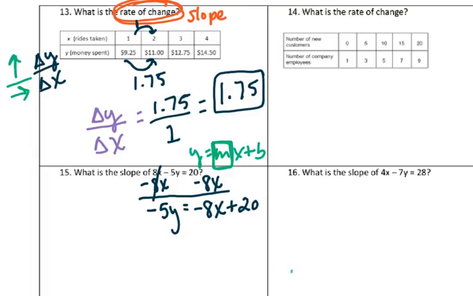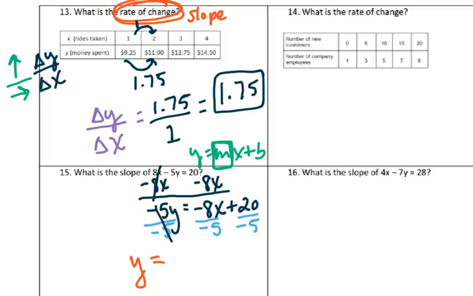To get y by itself, it means I need to get rid of this negative 5. He's in the way. Divide by negative 5. Divide by negative 5. That leaves me with y equals. If you're not good at simplifying fractions, in your calculator, just do negative 8 divided by negative 5.